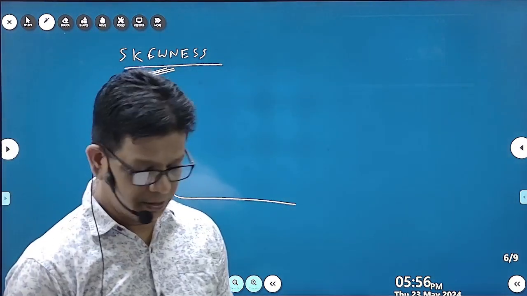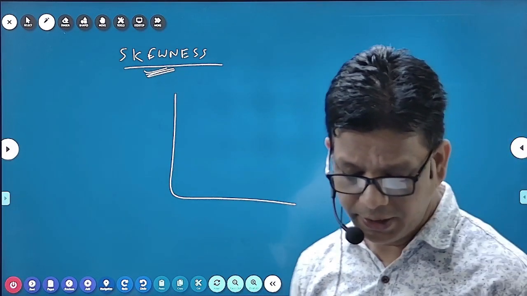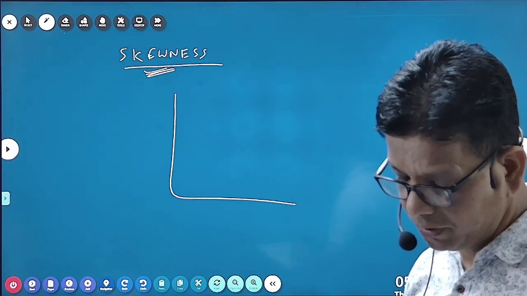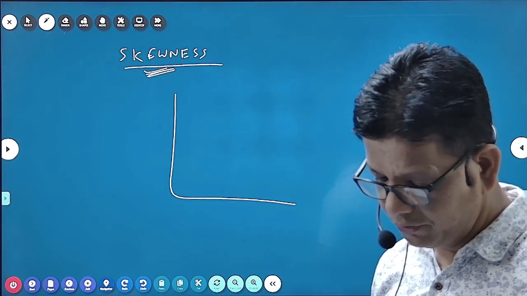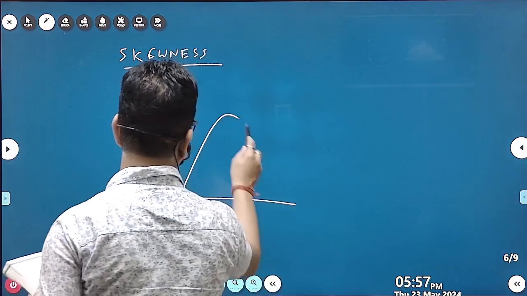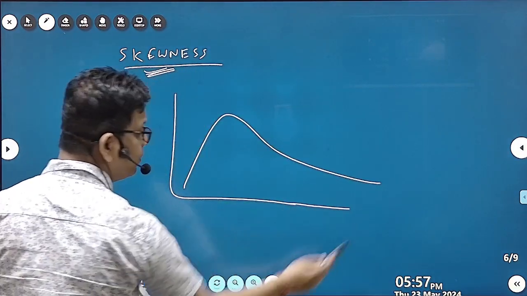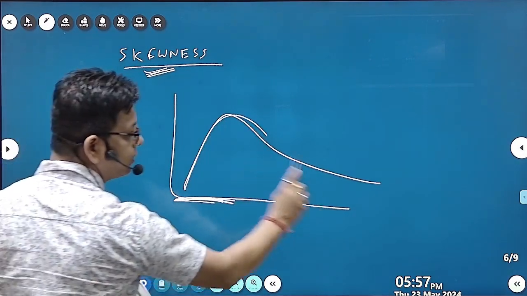Now look at page number 324. All of you take out this diagram. Here, this diagram is for positive skewness. Figure 2 is positively skewed values. That means the data goes more in the beginning, then it goes less.